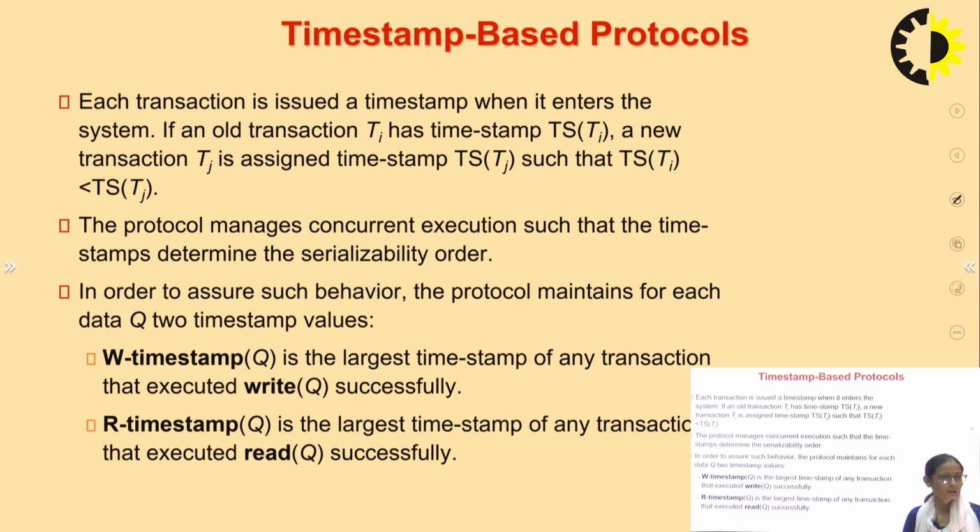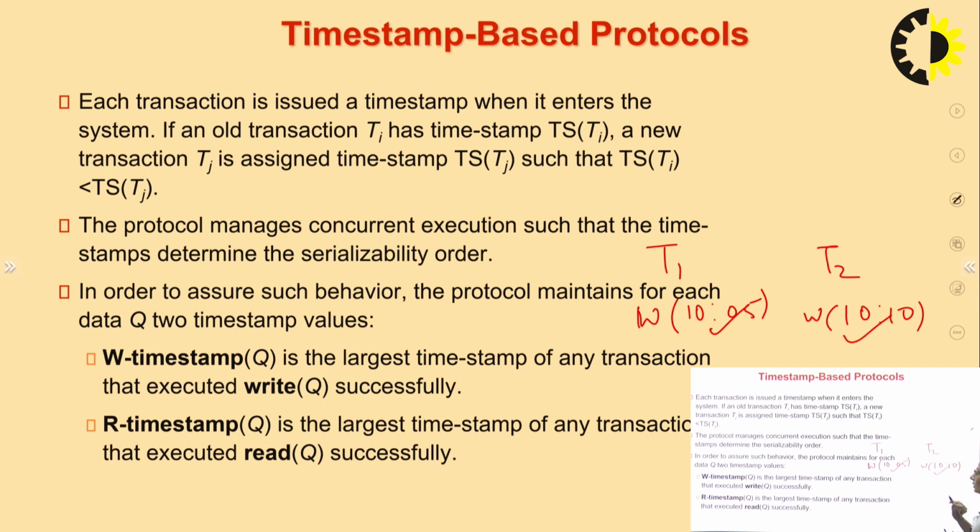W-timestamp(Q) is the largest timestamp of any transaction that executed write(Q) successfully. For example, T1 has come and T2 has come. T1 issues the write operation at time 10:05, and T2 issues the write operation at 10:10. Both executed successfully. But what is the W-timestamp value? It is going to be this one. And the same rule goes with the R-timestamp. It is the largest timestamp of any transaction that executed read(Q) successfully.